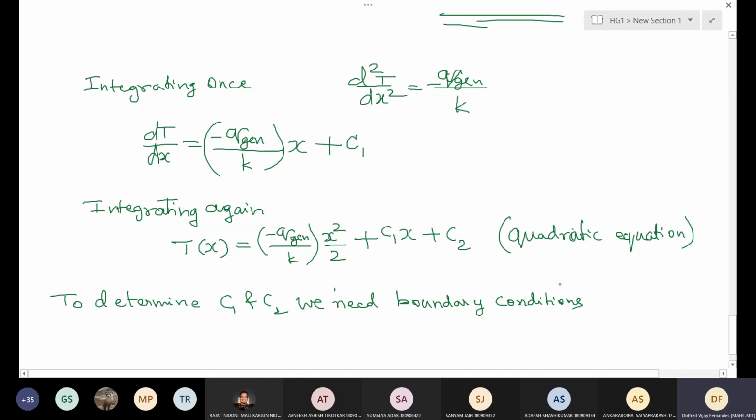Now the question comes: what are the different cases that can be there? The wall can be equally cooled on both sides, or it can be unequally cooled on either side, or it can be insulated on one side. There are different conditions that can be applied, and C1 and C2 can be obtained for each different case. We will first take up the case where we have the same temperature on both sides.